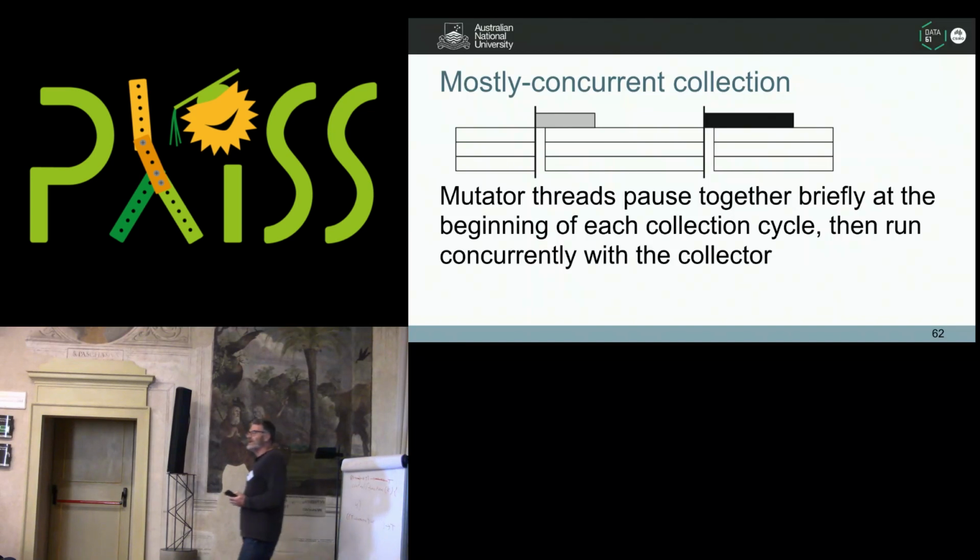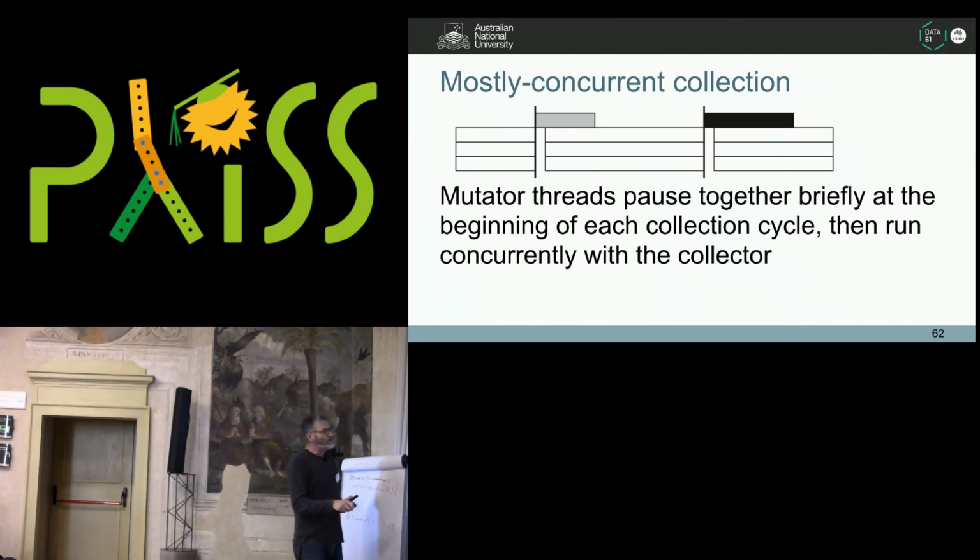We could, in fact, though, consider having the collector run concurrently with the mutator's threads. Now, what's known as mostly concurrent collection still has what's called a stop the world phase, a brief phase at which the mutator threads are briefly stopped while some portion of GC work to set things up is done, and then the mutator threads are restarted while the collector continues concurrently with the mutator threads.